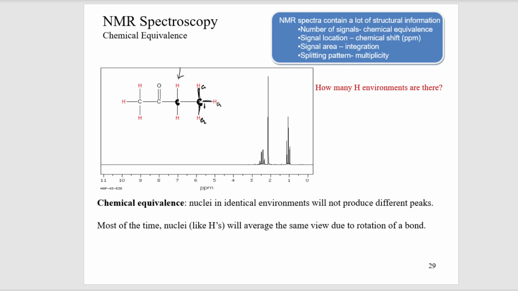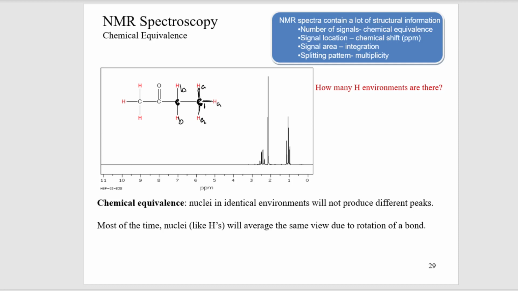You might say, well, the one on the bottom doesn't see the carbonyl next door, but it actually does. Why? Because they're averaging the same view. They're on a Ferris wheel and all of these bonds are rotating. And so they are really equivalent. When they look out their window, they see the same view. So we're going to label those as the second environment. Each one of these will be labeled B, arbitrarily.